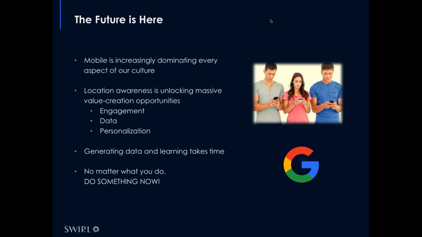Everything from new opportunities for engaging with consumers in the store, new opportunities for collecting really rich data that can be used in the store and in all of the retailers' omni-channel efforts, and new capabilities for personalizing messages that retailers are delivering to consumers, again, whether they're in their store or any other channels where they're communicating with them.